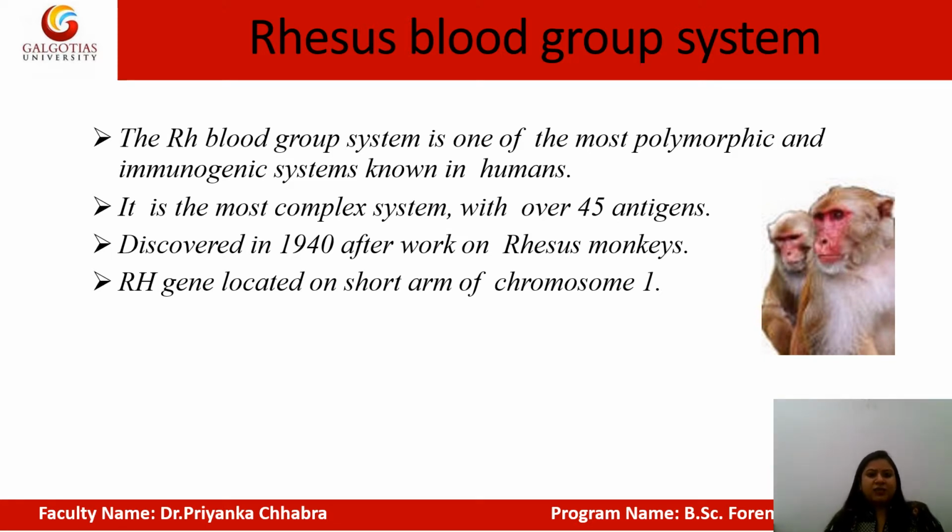The Rh system consists of the whole system of Rh antigens; more than 50 antigens are present in the Rh system. Some of the important Rh antigens are D antigen, C, small c, capital E and small e. The persons having these antigens are known as Rh positive and the persons who lack these antigens are known as Rh negative.